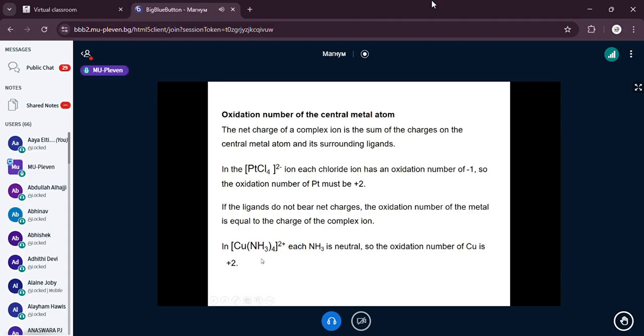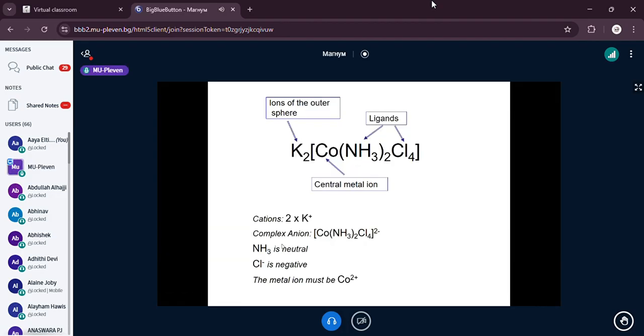It is easier to calculate the oxidation number in the complex of copper with 4 ammonia molecules. Because ammonia molecules are neutral, they don't bear charge. In that case, the oxidation number of copper is the same as the charge of the complex. And everything regarding terminology used here is explained in this example.